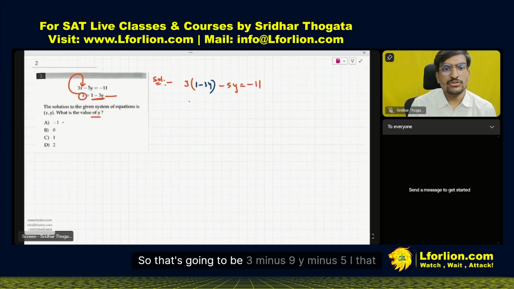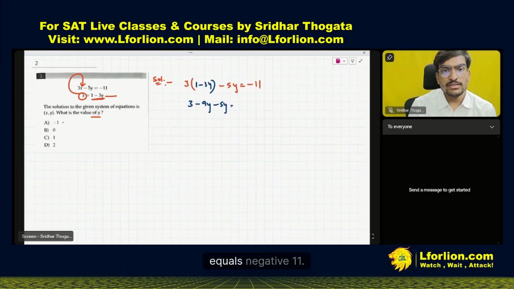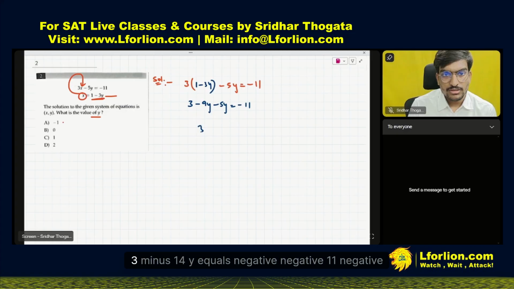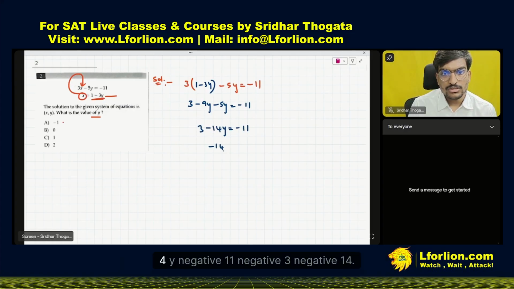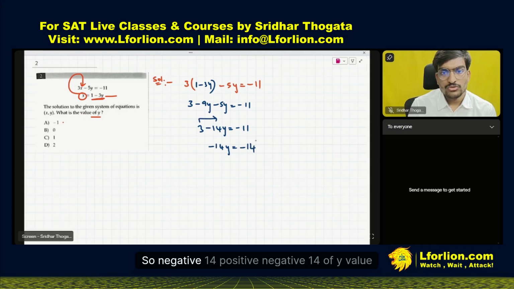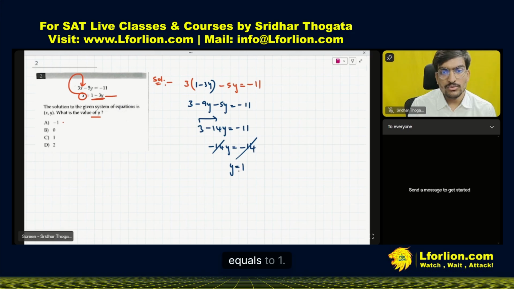So that's 3 minus 9y minus 5y equals negative 11. 3 minus 14y equals negative 11. Negative 14y equals negative 11 minus 3, negative 14. So y equals 1. Option C is the answer.